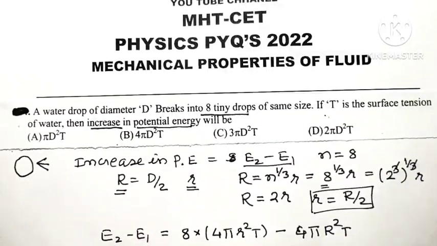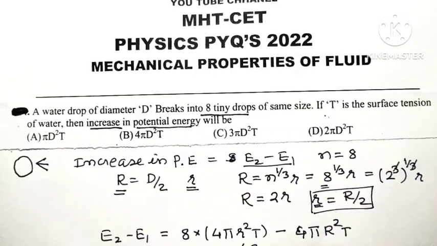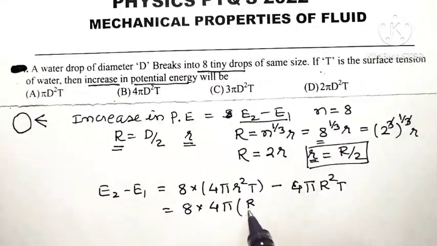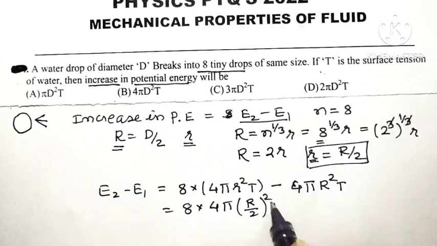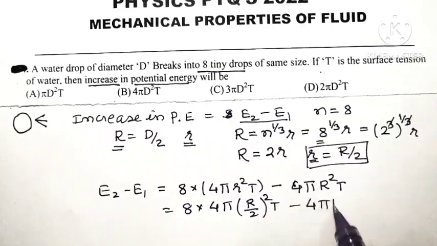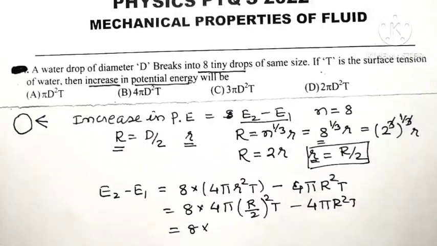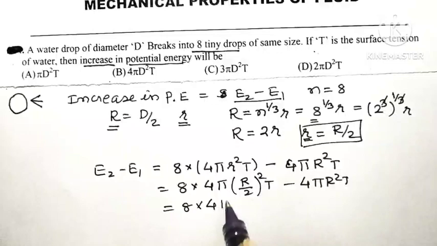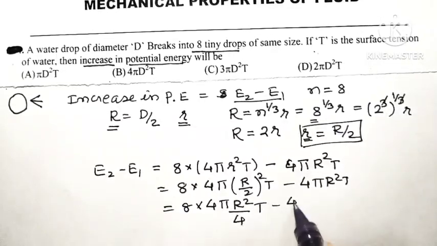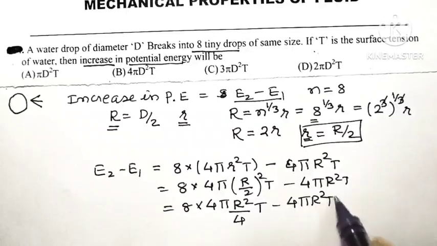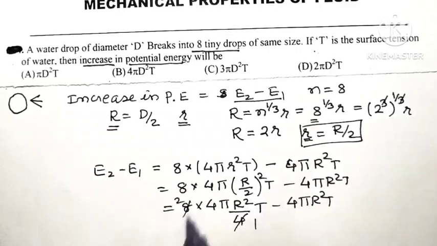So this is equal to 8 into, and in place of small r we can write capital R by 2. So this is 4 pi into R by 2 whole square into T, minus 4 pi R square into T, or it is equal to 8 into 4 pi R square divided by 4 into T, minus 4 pi R square into T. So 4 1s are 4, 4 2s are 8.